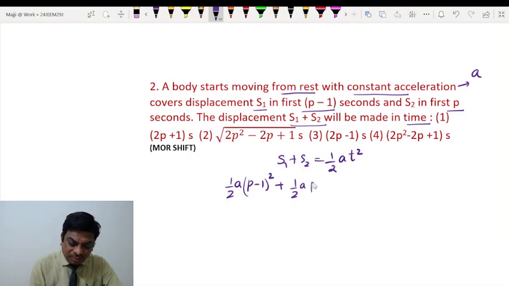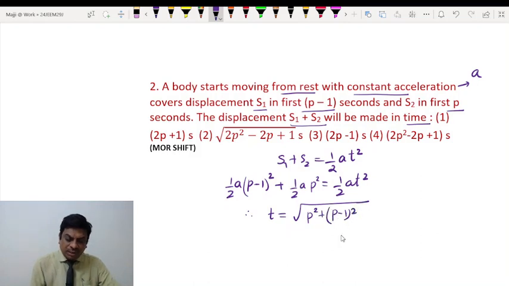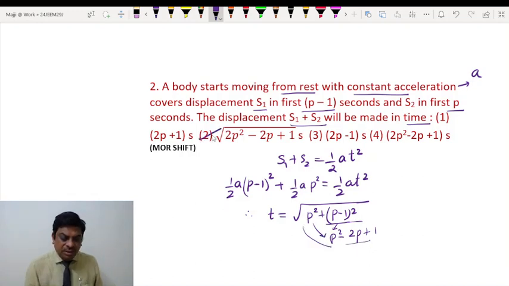So it will be half A P square. So as you can see, students, half A gets cancelled and we are left with P square plus P minus 1 square. So quickly, if you open this, it will be P square minus 2P plus 1. So P square plus P square is 2P square minus 2P plus 1. So we'll go with the second option.